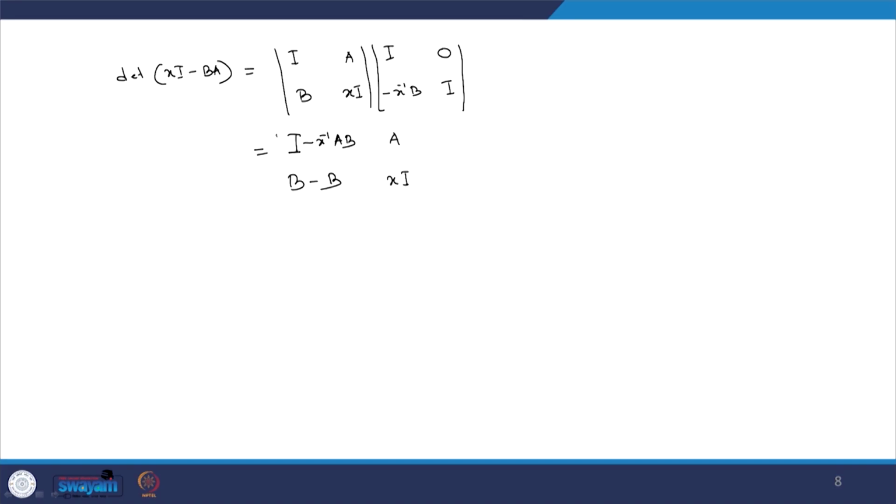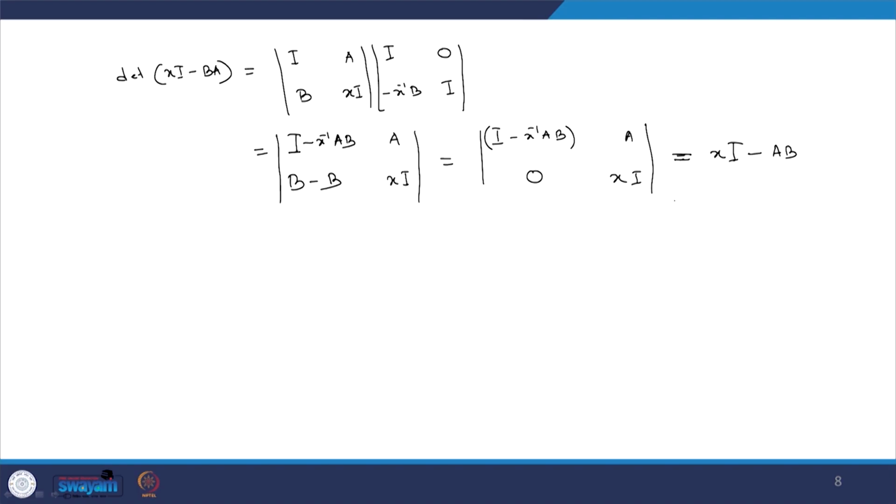Now the determinant of this matrix, if you simplify, is equal to: I minus x inverse AB, and this is your A, and this is 0 and x times I. So this is equal to x times I minus x times x inverse, which is again 1, times AB.